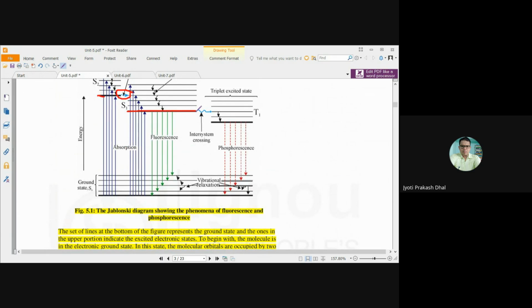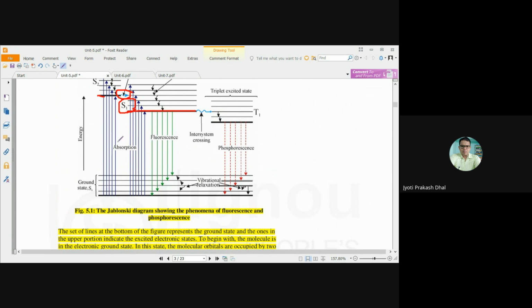In inter-system crossing, the molecules come back from the ground vibrational energy level of the S1 state to the vibrational energy level of the T1 state. That is called intersystem crossing.